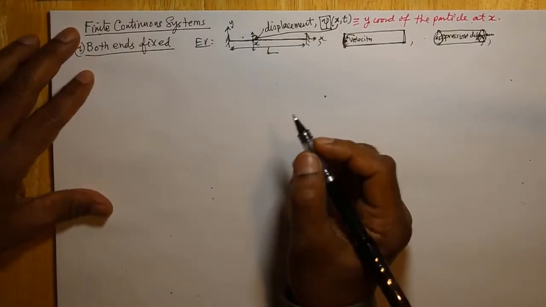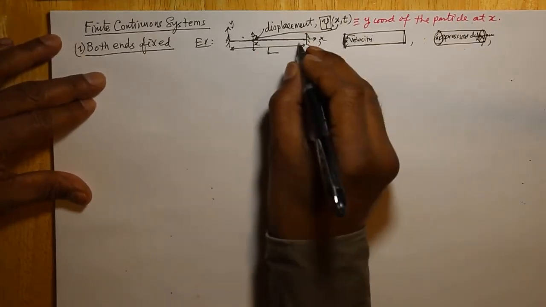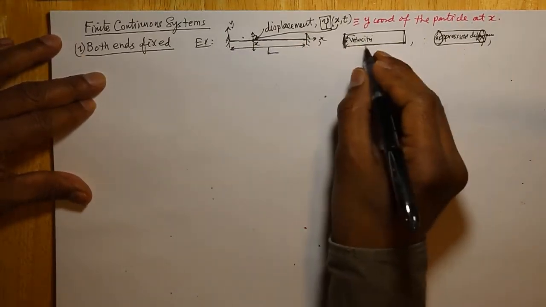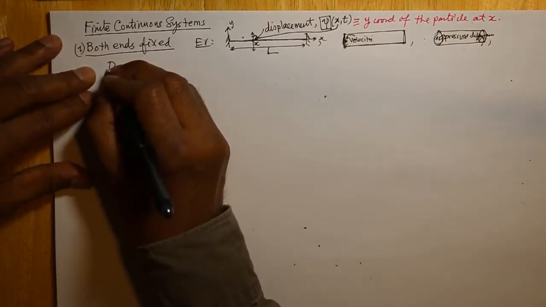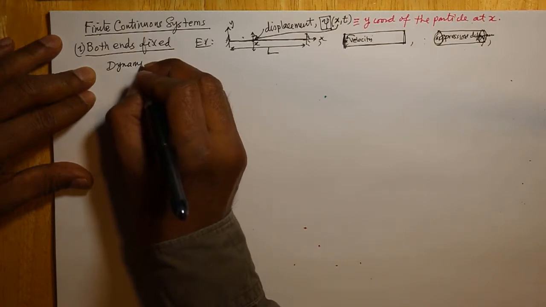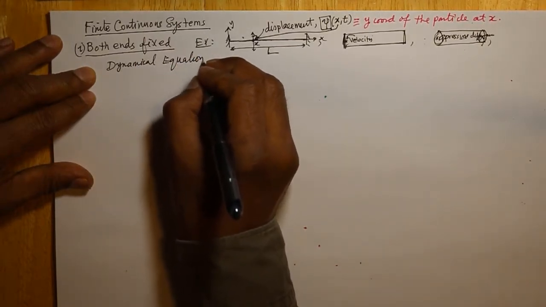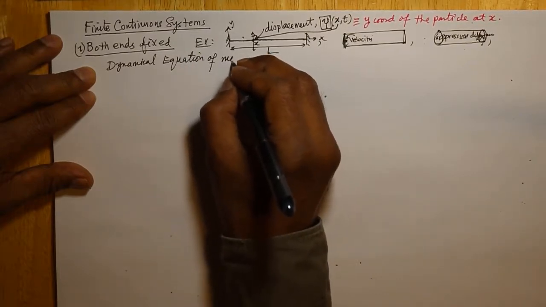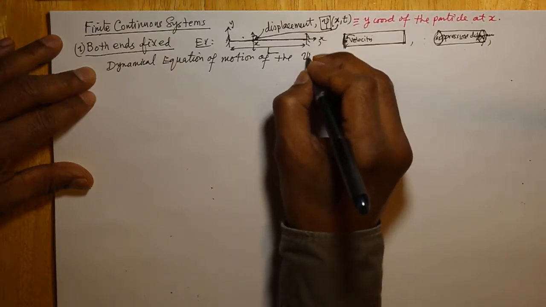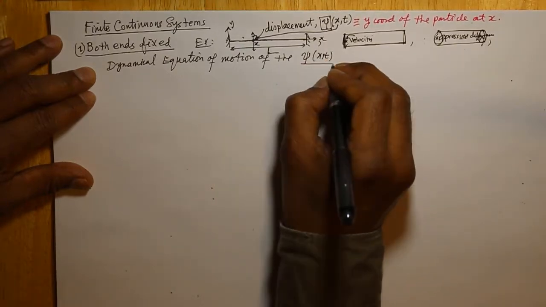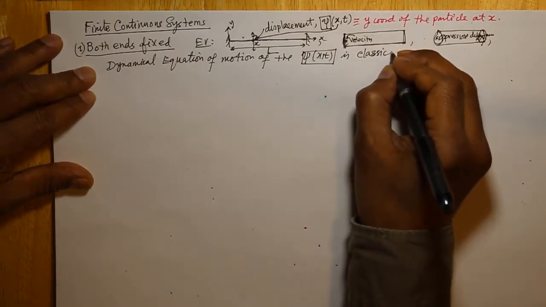Okay, so we know that this system, this particular system, will be similar over here. The dynamics is the dynamical equation of motion of the psi x t. So this variable obeys the classical wave equation.